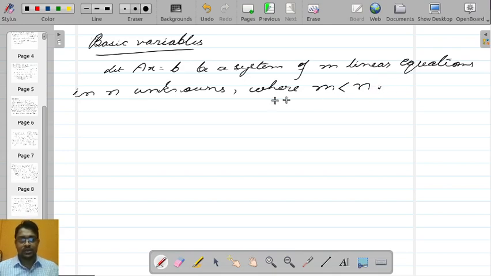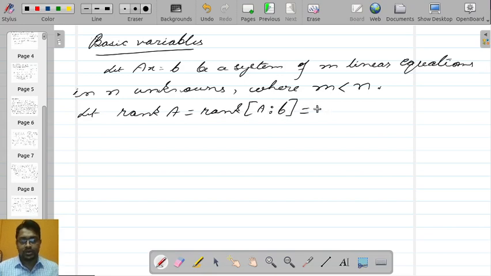Also let rank of A be equal to rank of the augmented matrix AB, equal to m.